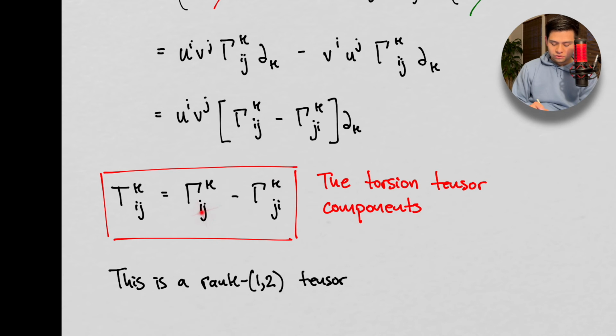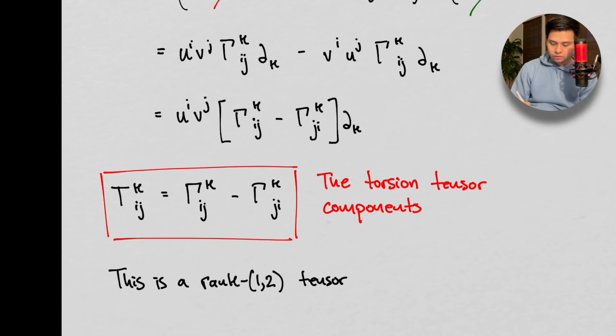So if there's a difference between the symmetric along these bottom indices, if there's a difference in the connection here, then there's going to be torsion.